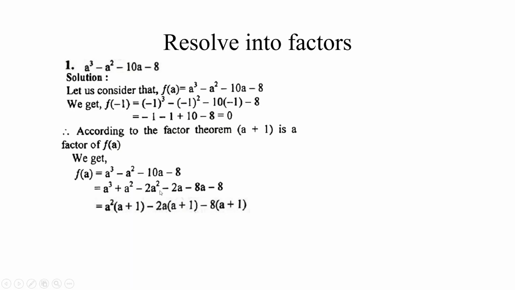To get minus 2a square, you must multiply a plus 1 with minus 2a. So here minus 2a is written. Now minus 2a into 1 equals minus 2a. But in the first line there is minus 10a.